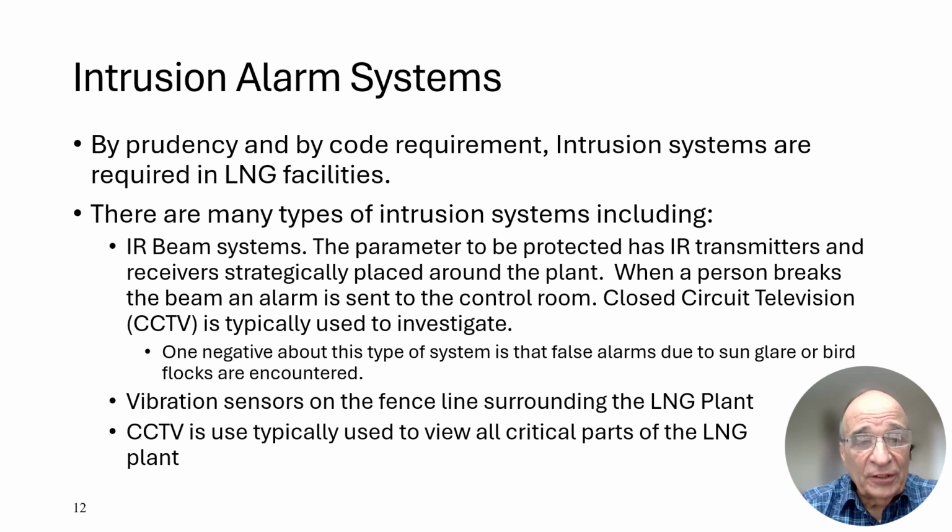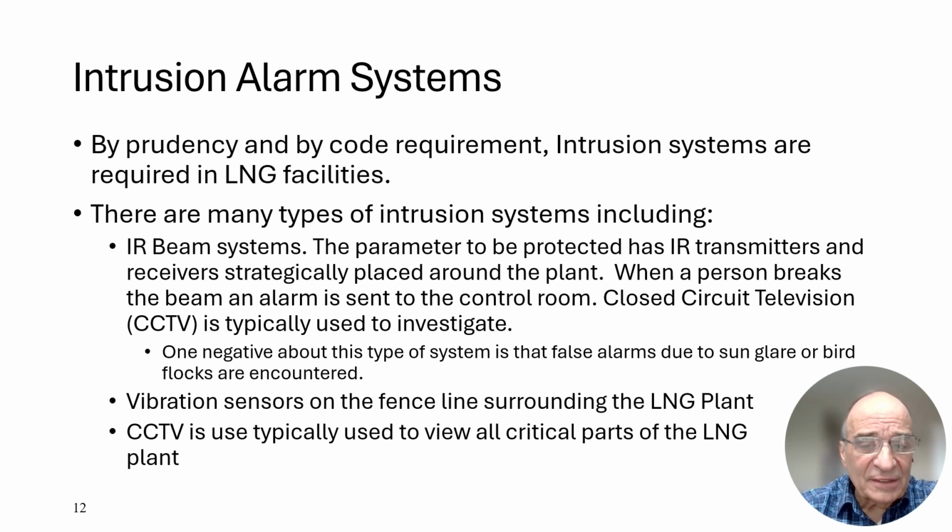Some of them use IR infrared beams, and the perimeters to be protected have IR transmitters and receivers strategically placed around the plant. When a person breaks the beam, an alarm is sent to the control center. Closed circuit television is used to investigate, and if needed, personnel would be sent out to further investigate.